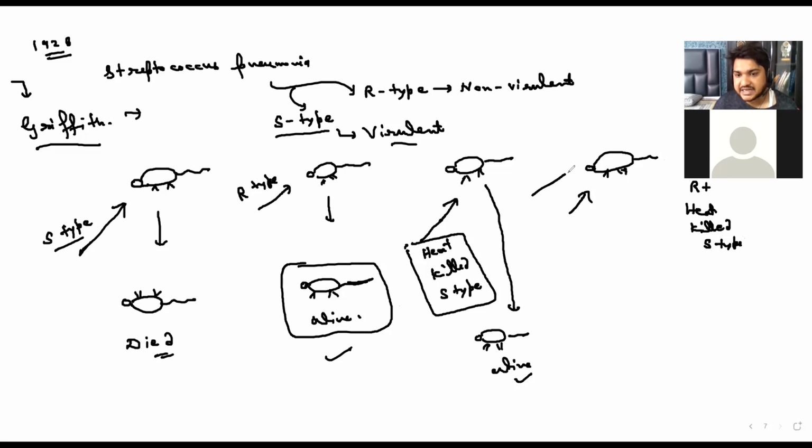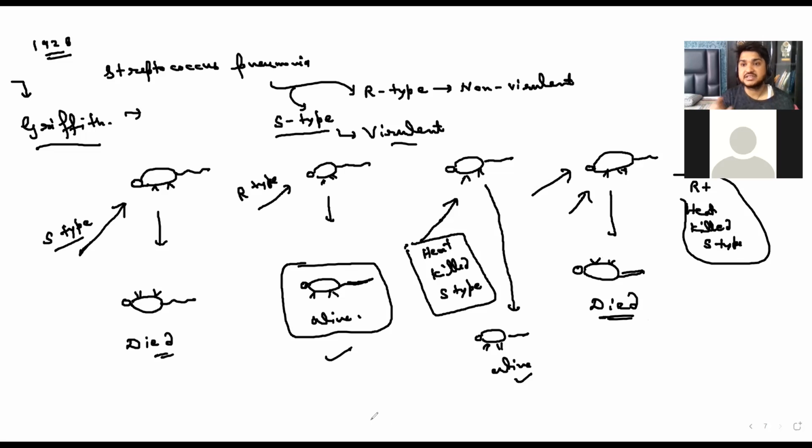But when I injected the dose of the combination, I don't know why, but the rat died. I asked one student why this rat died. He said, because minus minus plus.